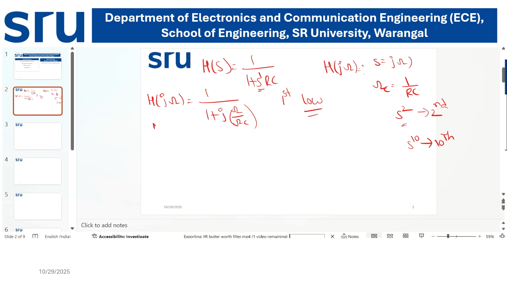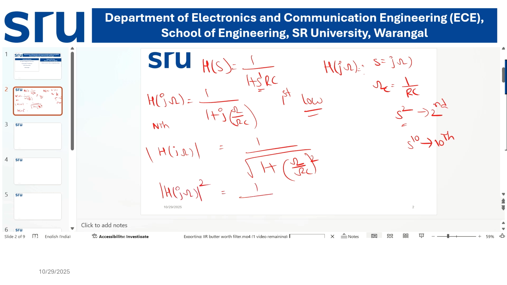If it is an nth order filter, then if I find the magnitude, I have the square root of 1 plus the real part whole square plus the imaginary part whole square. If I take the square on both sides, then the frequency response will be 1 by 1 plus (omega by omega c) whole power 2n.